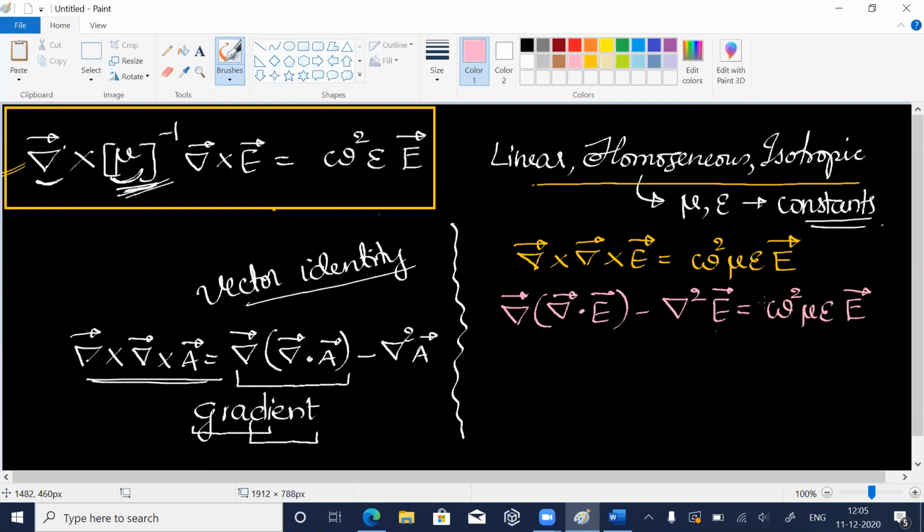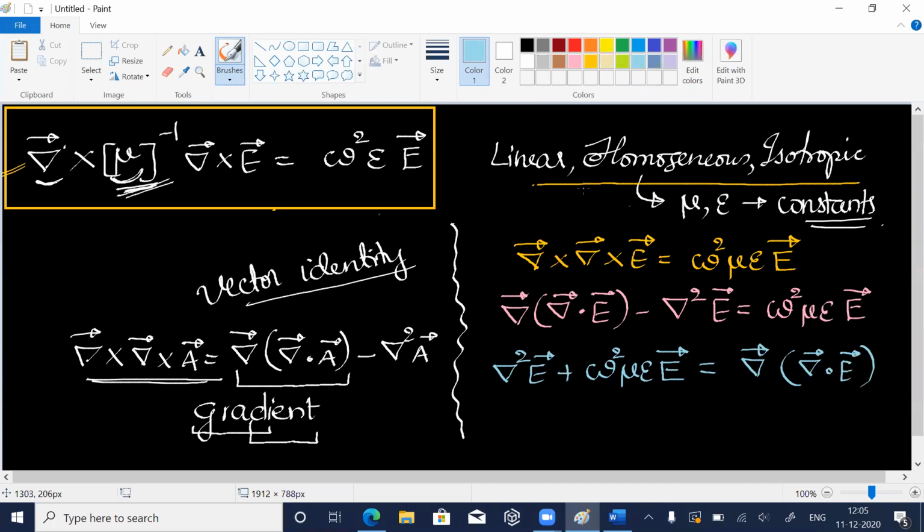Now I just put these two guys on one side. So you have del square E plus omega square mu epsilon E is equal to, on the right hand side, gradient of divergence of E.